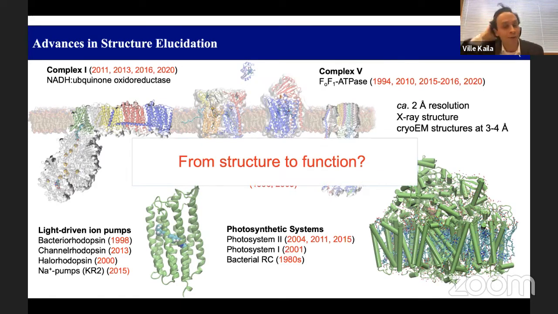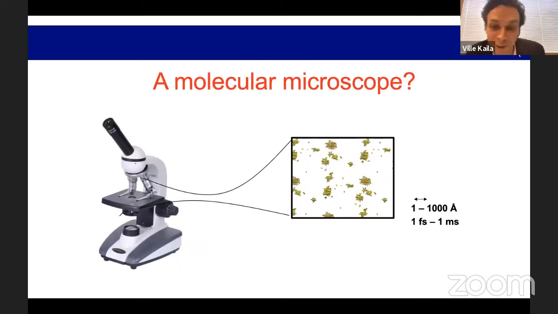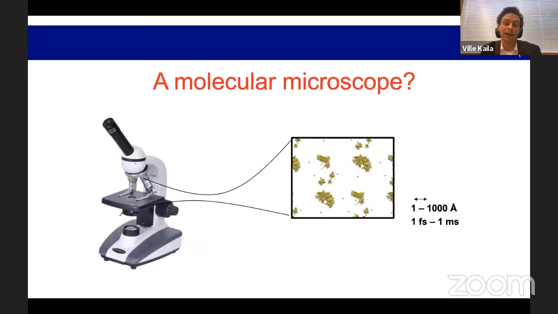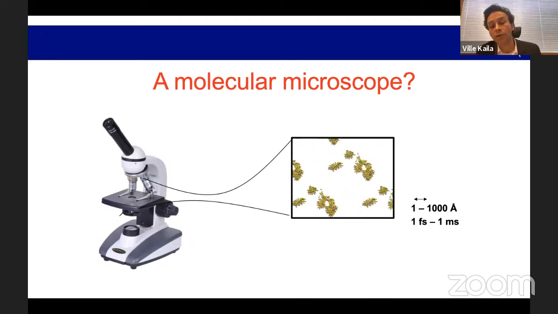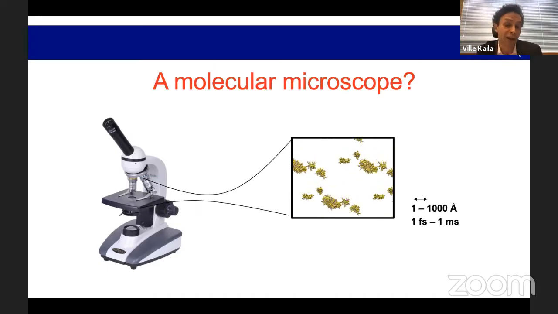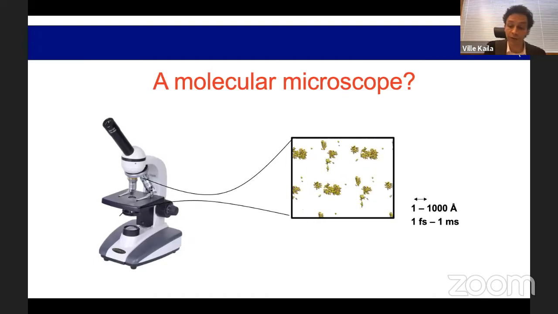But of course, it's not fully trivial to couple together the structure and the biological function. And to this end, we would like to zoom in, and we can do that thanks to very nice computational methods that provide a very powerful way to ask mechanistic questions about the system.